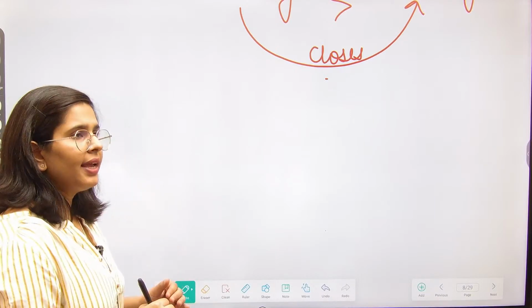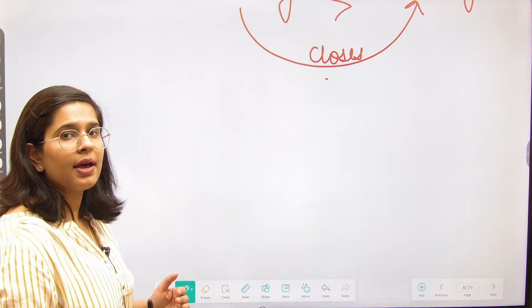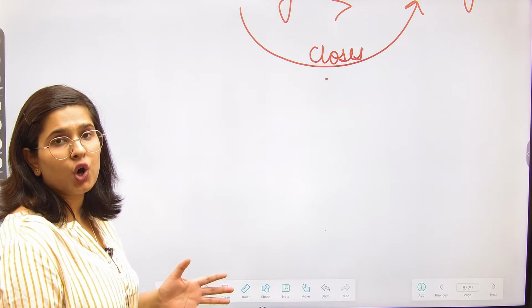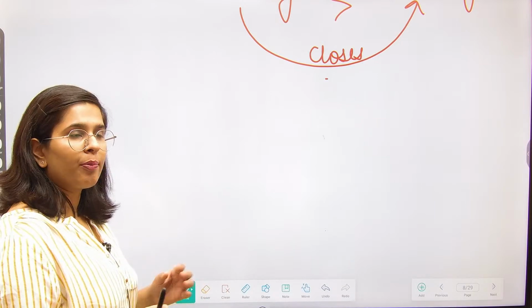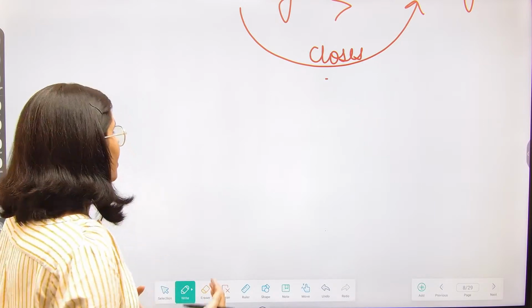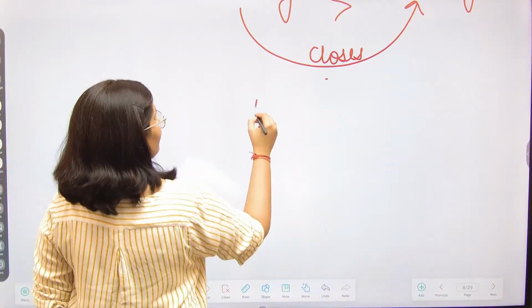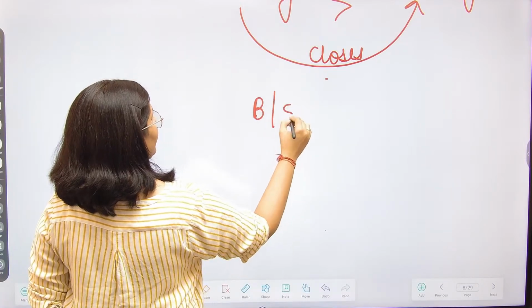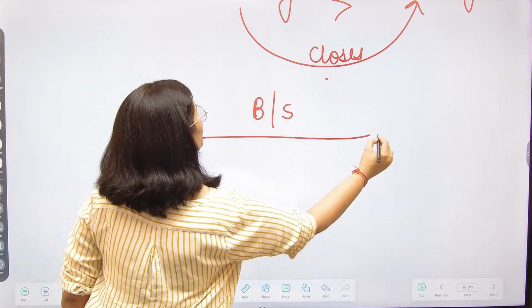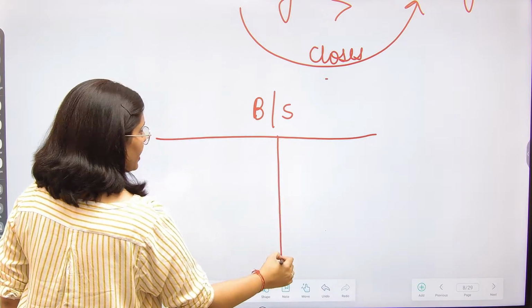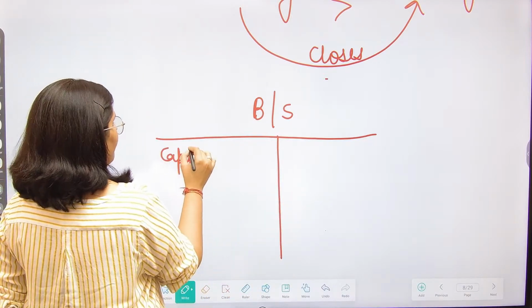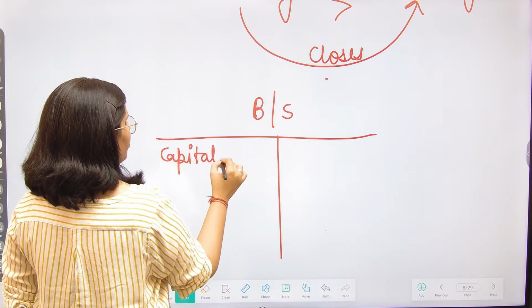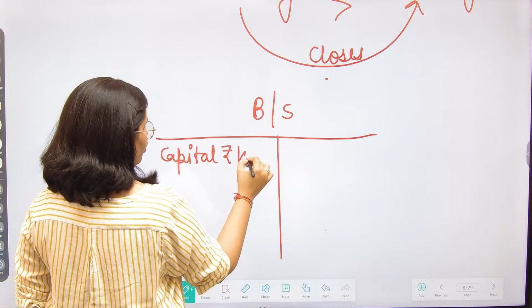Good. So anything withdrawn from the business for personal use is called drawings, right? Used in case of sole proprietorship, partnership, like that. So whenever the balance sheet is prepared for a sole proprietorship firm, or let's say a partnership firm, first they will write capital. The business will say, dear owner, you brought in 1 lakh rupees.